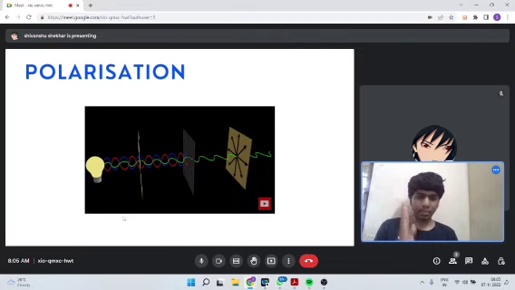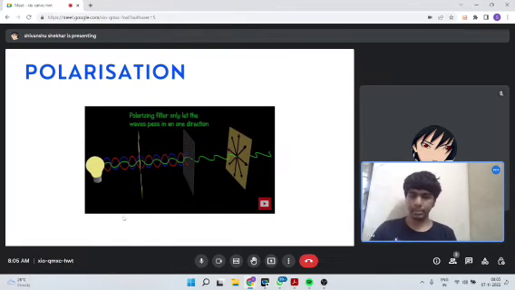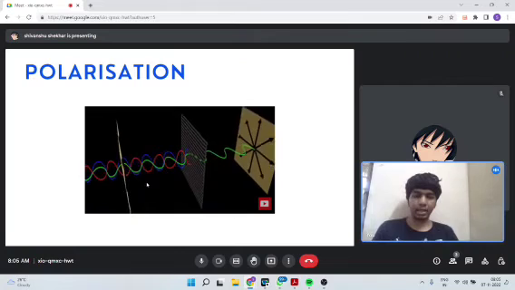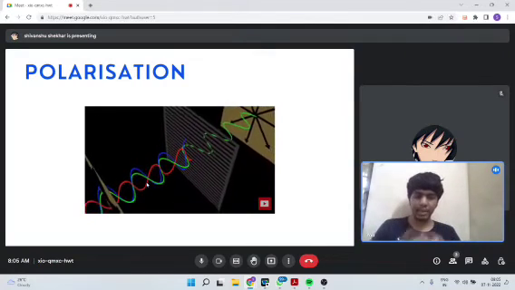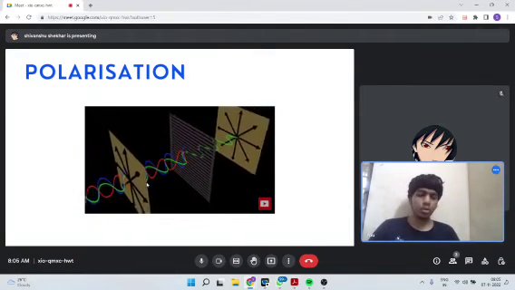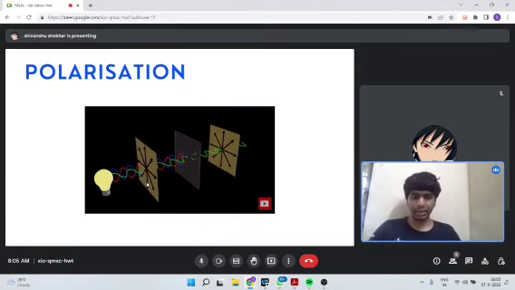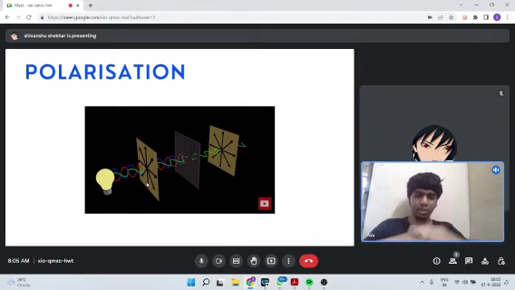But after passing the polarizing filter, only one direction of light has been able to pass through, and as you can see at the filter as well, only one direction would have been allowed. That can be chosen according to your will, and different geometries, be it circular, linear, or elliptical, can be achieved using different types of polarizers, using the logic of polarization, that is only letting through one direction of the wave.